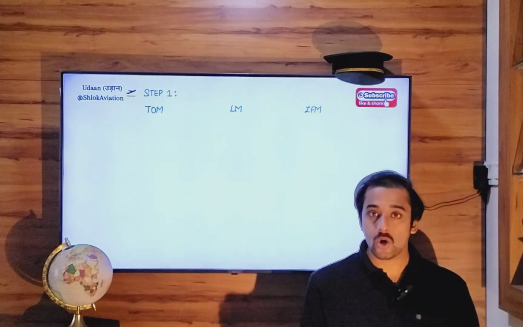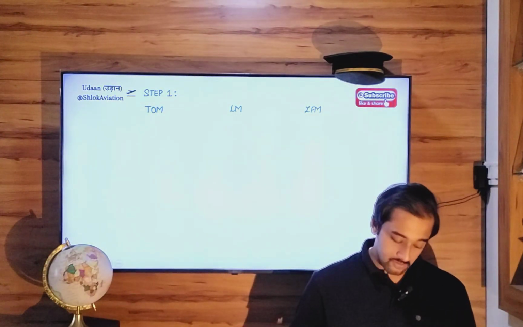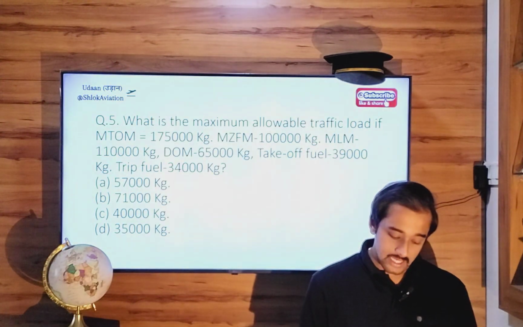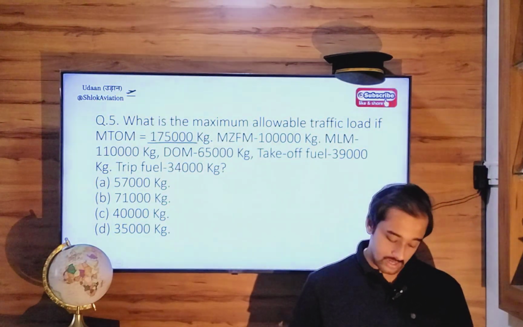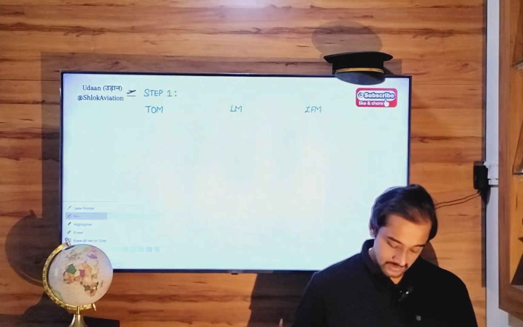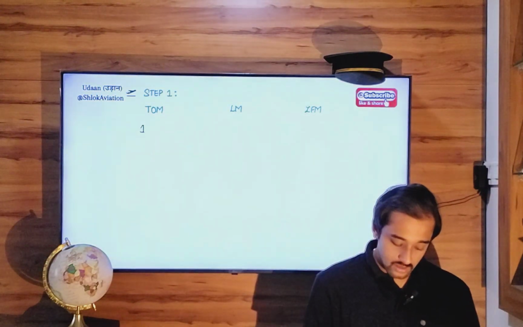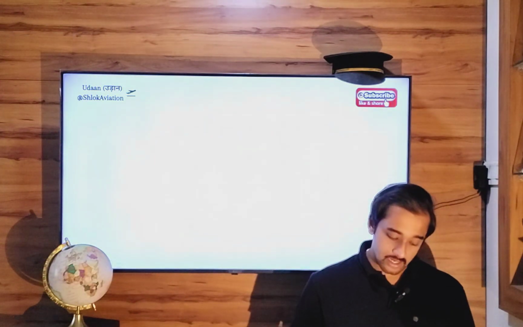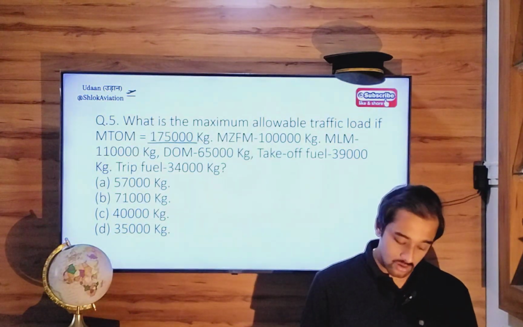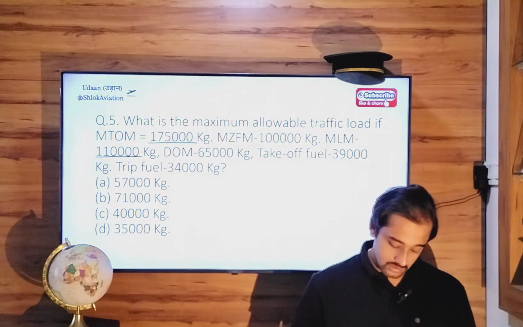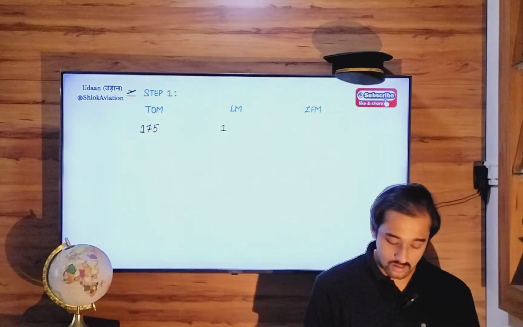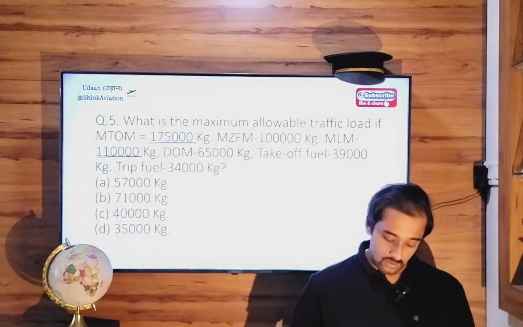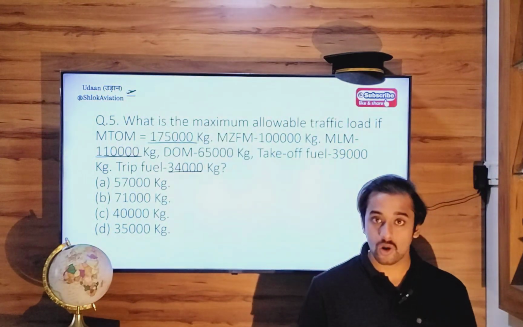In the column of takeoff mass, you write the takeoff mass given in the question, 1,75,000. So write 175. In the column of landing mass, you will write the landing mass given, 110, plus trip fuel, which is 34,000 or 34.